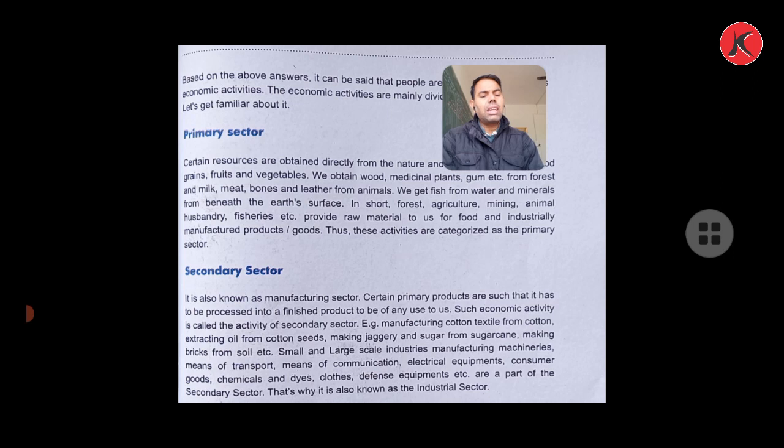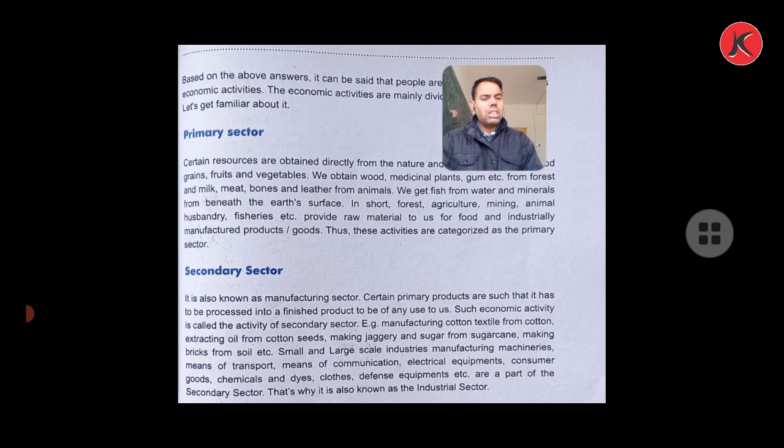We also get these things directly from nature, from the forest, and milk, meat, bones and leather, all these things we get from animals. We all know that such things come from trees and the forest, and such things come from pet animals.